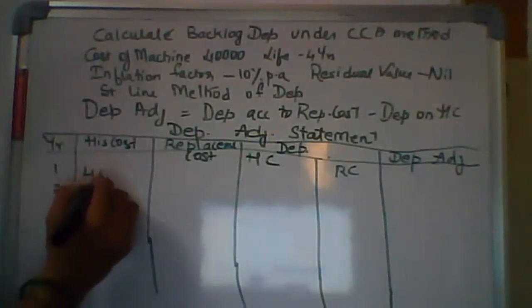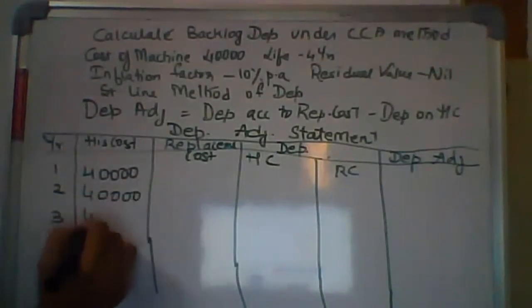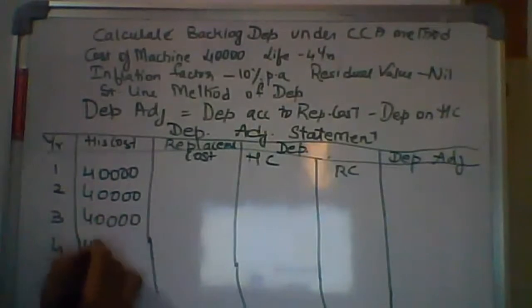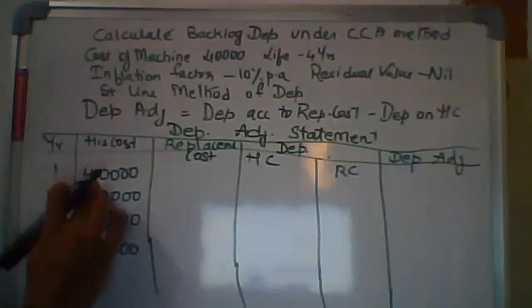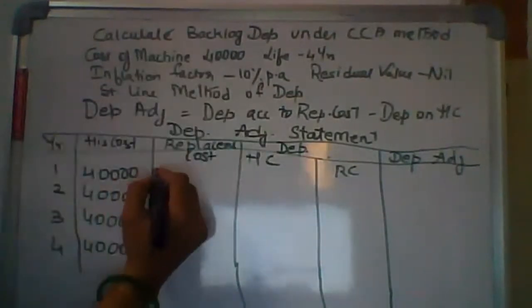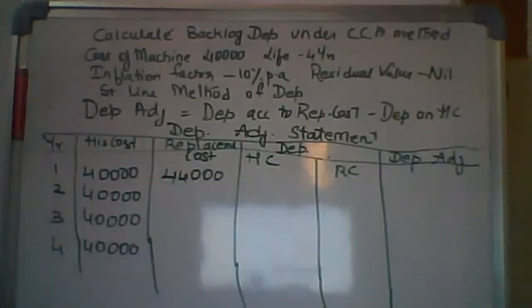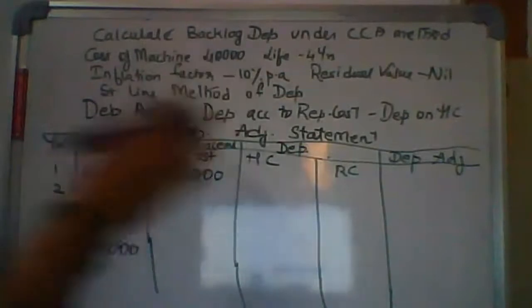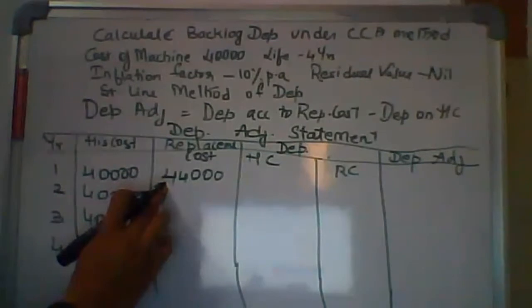What is historical cost? Historical cost is 40,000 each year. What is the replacement cost? The inflation factor has to be applied on the historical cost. So 40,000 into 10%. How much will that be? 44,000. Okay. Now next year again 10% inflation. So already you have a value of 44,000.